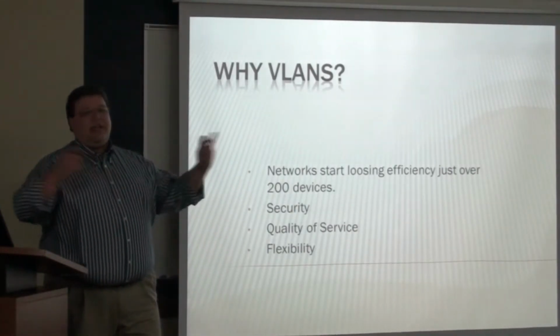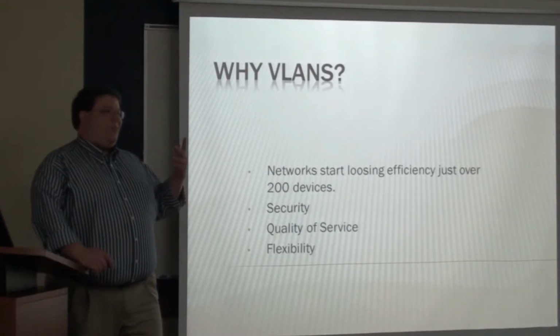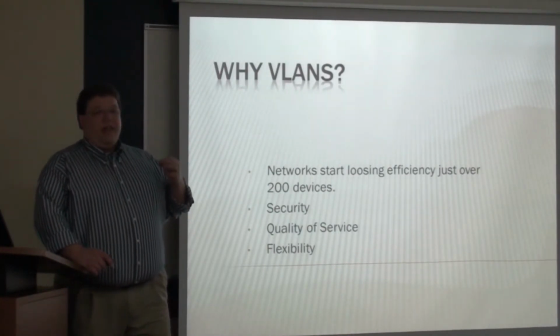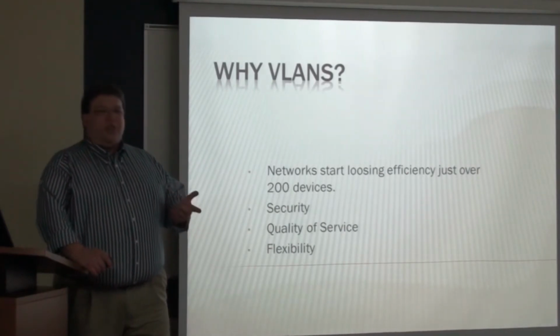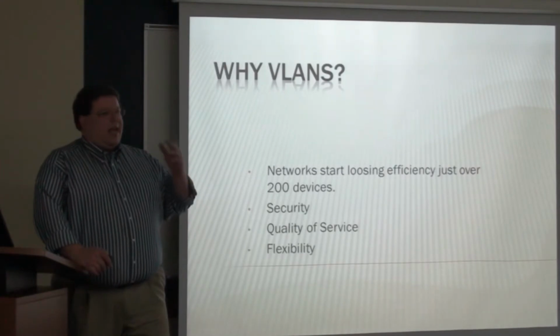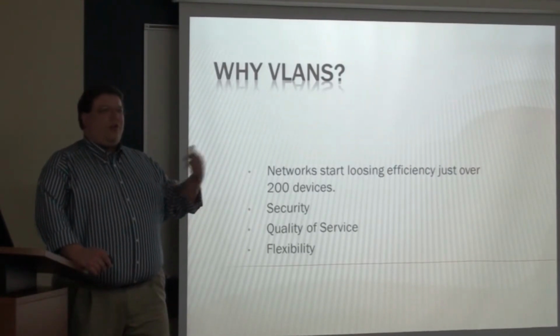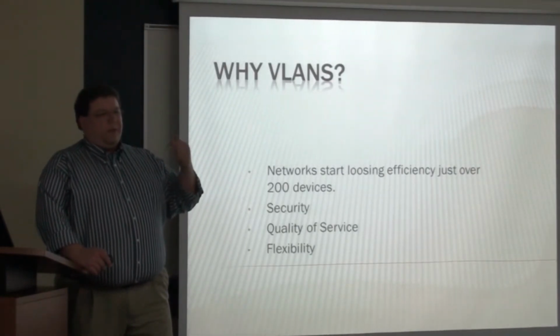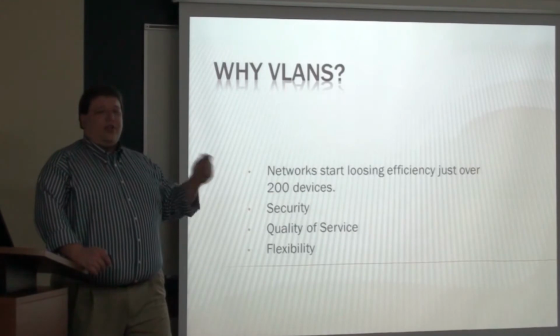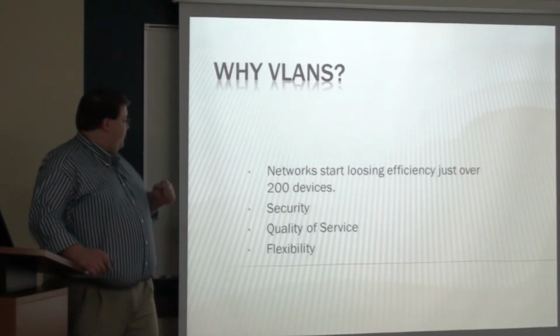So instead of having to run an entire network just so contractors or visitors, etc., can have an internet connection, which most people do when they come into a business nowadays, you can just set up a VLAN and not have to invest in a whole new infrastructure so these people can have access. And the VLAN allows you to do this without giving them access to your internal company data.